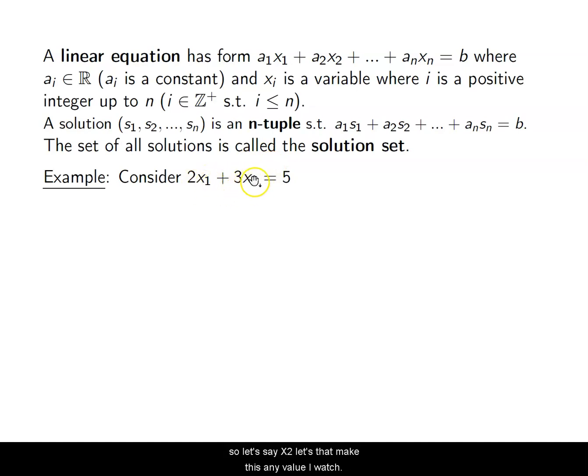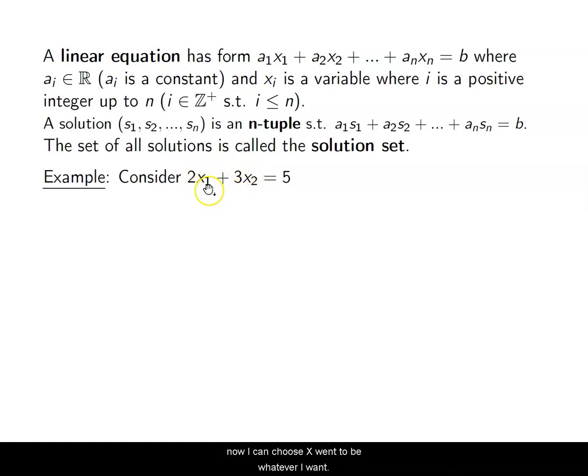Then I can adjust x1 so that when I add these together, they're 5. So 1 and 1 was easy, but I can find an infinite number of solutions. Let's say I chose 2. If this is 2, then I got 6 here, since 3 times 2 is 6.